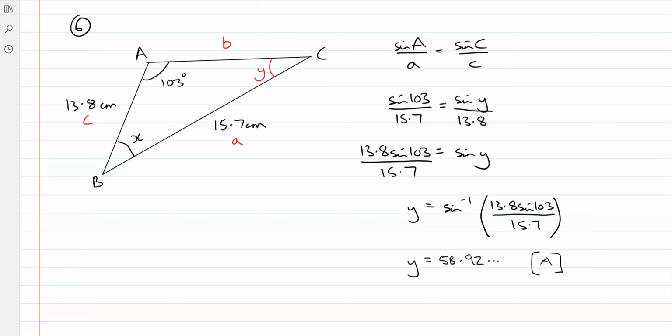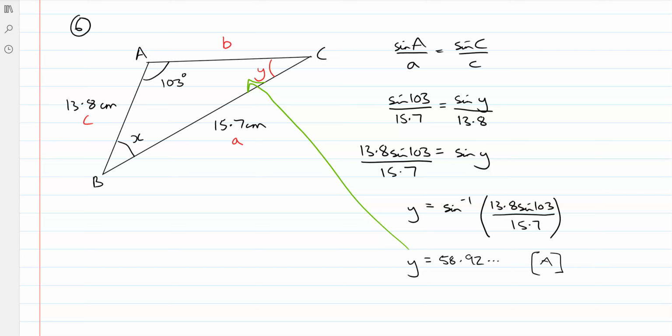So 58.92, and then I can use angle sum of a triangle, so I can do 180 minus, if there's a crazy noise then just ignore it. So I can do 180 minus the other two angles, so I've now got y, I've now got this angle here. This angle is in here, isn't it? So that's 58.92.